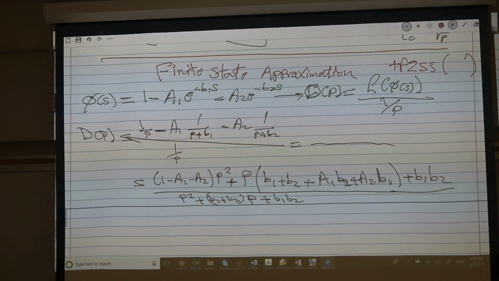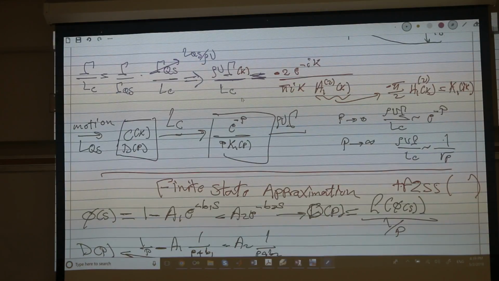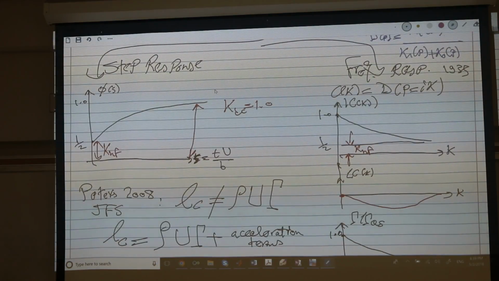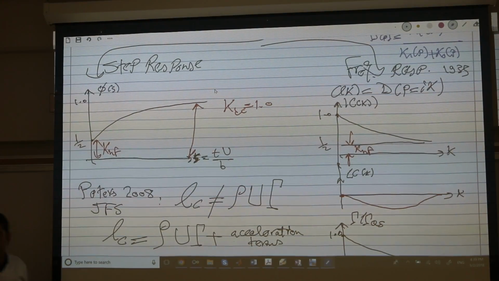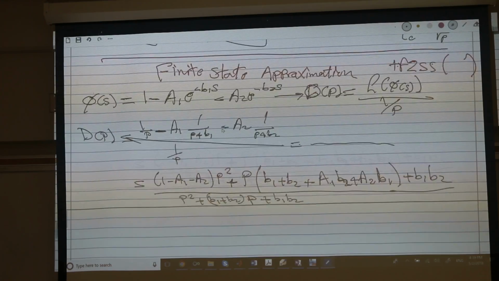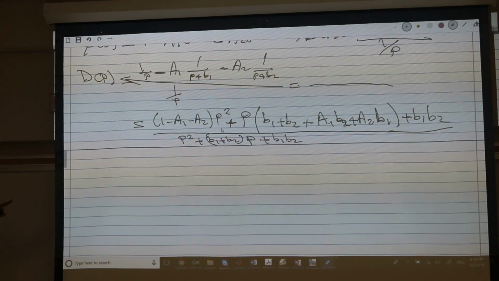Just a minute. What's your DC gain? First of all, what's the value of the DC gain expected? The DC gain is unity, right? This is what we found here. The DC gain was unity, the high frequency gain is half. How do you get the DC gain from here? It's very easy.